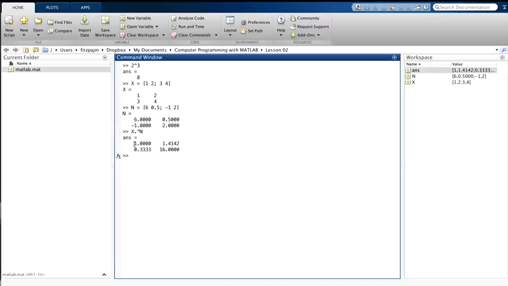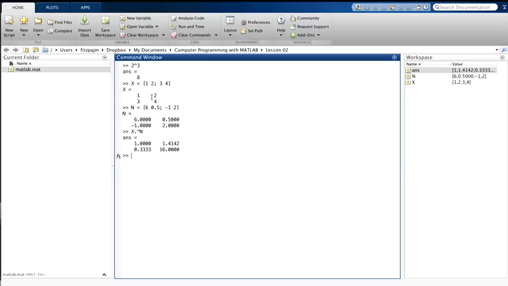What this means is the first element of x on the first row, 1, is raised to the first element on the first row of n. So 1 to the 6th power, of course, is 1. The second element on the first row of x is raised to the power of the second element on the first row of n.